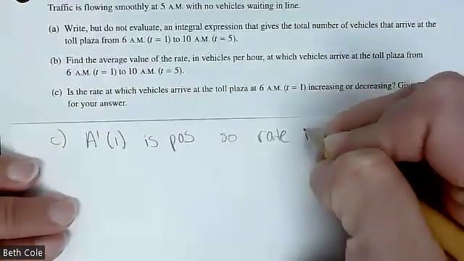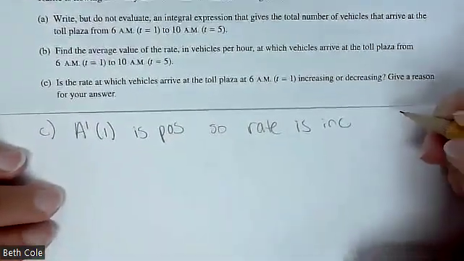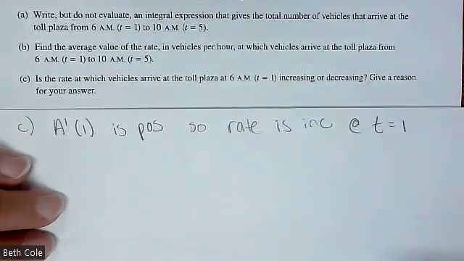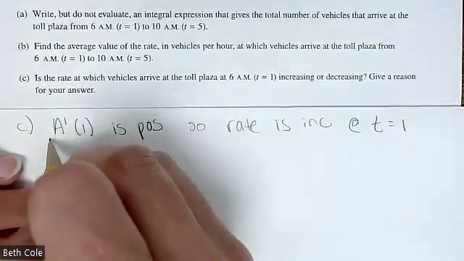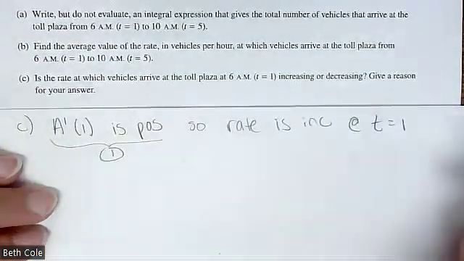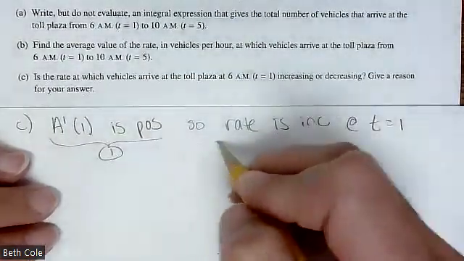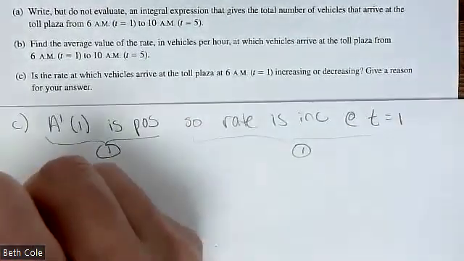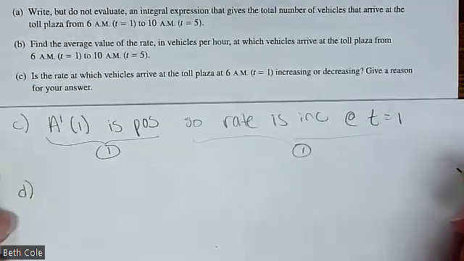So rate is increasing, and then you have to say one other thing at time. You guys are all over that. That's awesome. Perfect. All right, so it was a point for considering the sign of a prime of 1, and a point for explaining the whole thing.